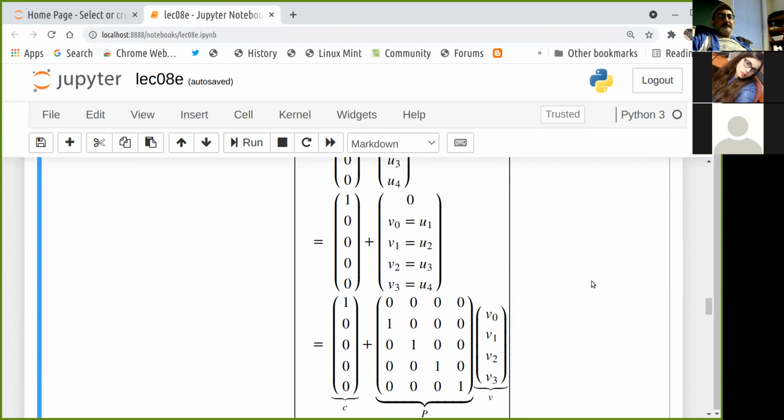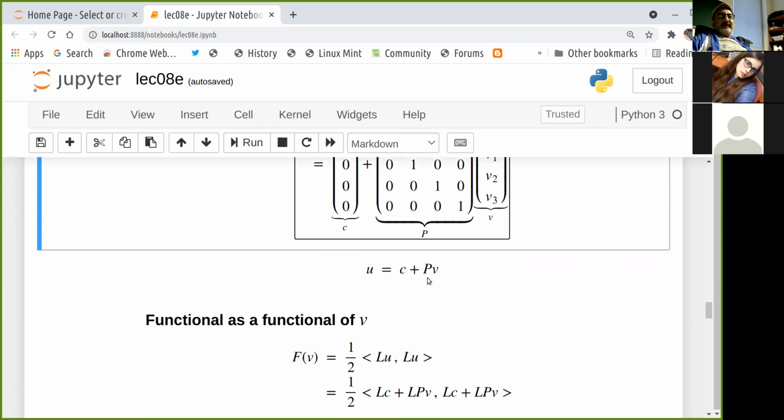Is that okay? So I can write that as u is equal to c plus Pv. So u has n values in it, and v has n minus 1 values. Those are the values that need to be determined. C is all zeros except for the initial condition at the beginning. Is that okay?